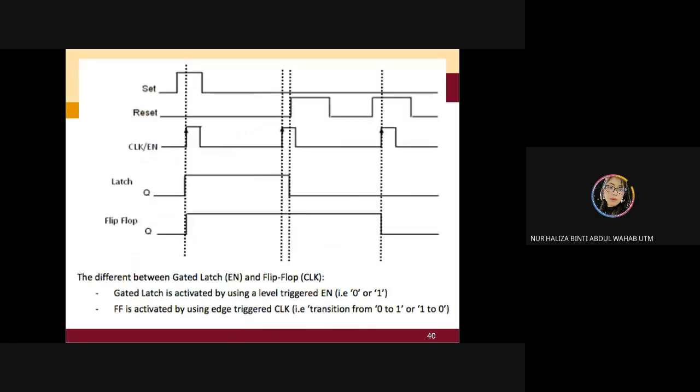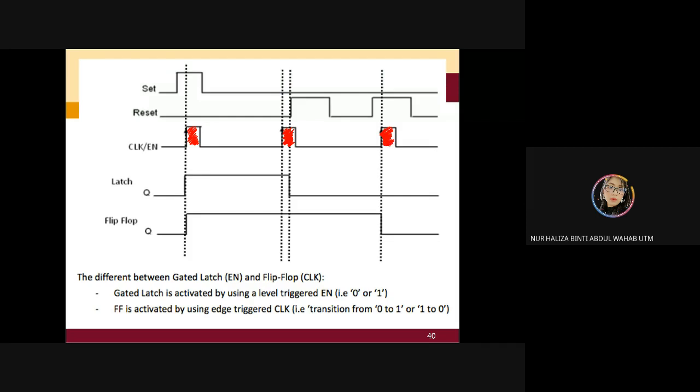So let's take a look at an example here between the latch and the flip-flop. If you have similar inputs S and R, and you also have either EN for your latch or clock for your flip-flop. First, we look into the latch. For the latch, we're going to look at 1, 1, and 1.